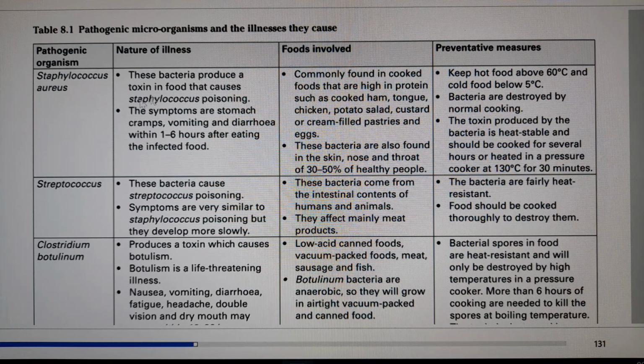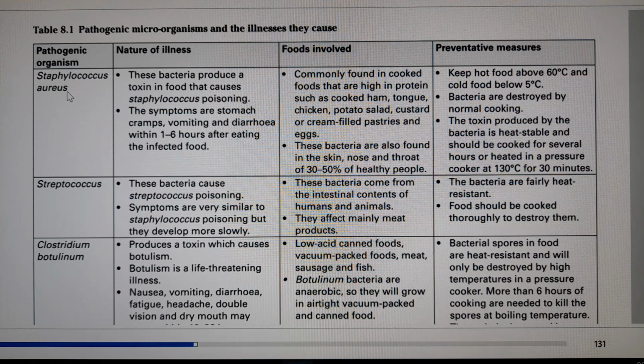Okay, so we will start with Staphylococcus aureus. That's the first one.